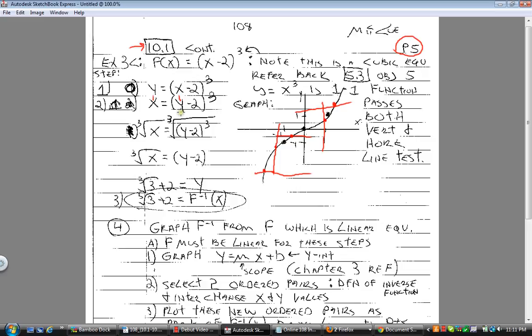Now we're a little bit challenged because we've got parentheses cubed, and I'm trying to go through my brain and remember, how can I undo cubing? And then I remember, just like squaring, you undo it with a root. We are going to take the cube root on both sides of the equation.